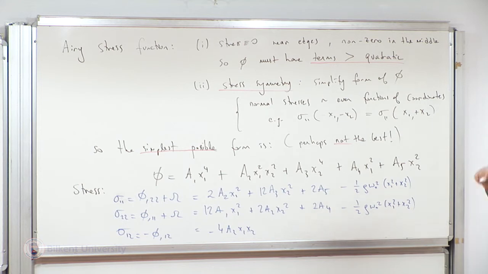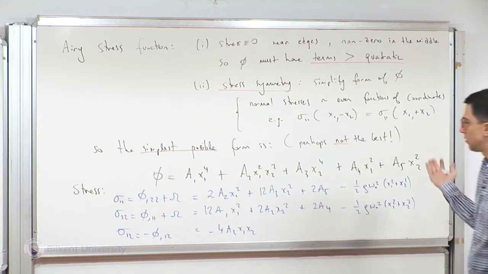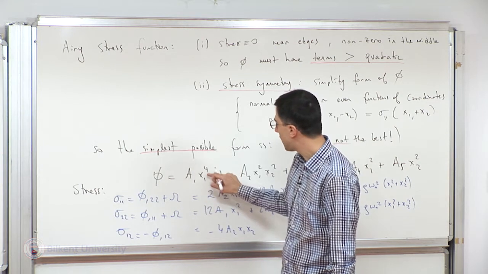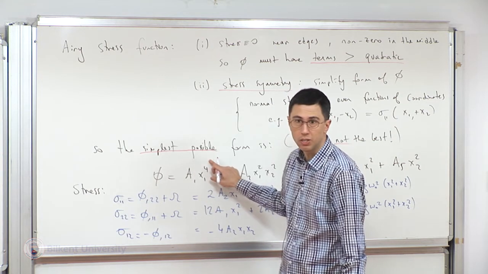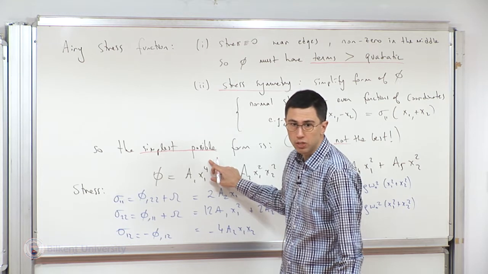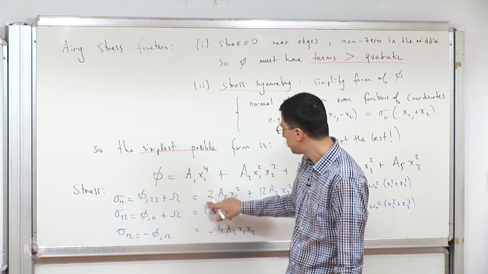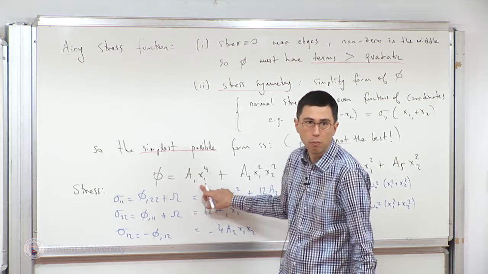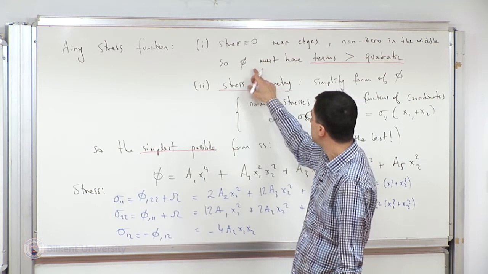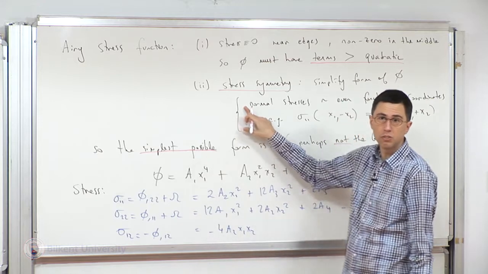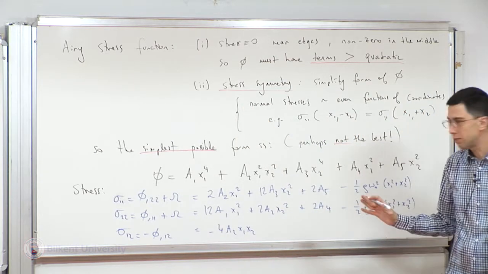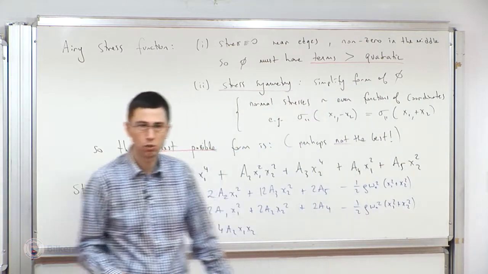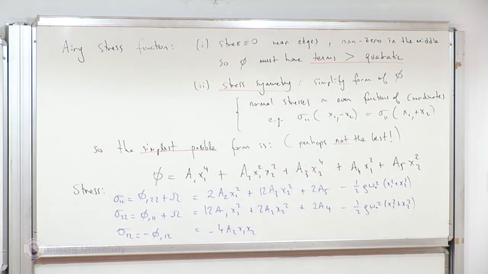In particular, you might ask yourselves, why not add a term like x1 to the power 6? Because x1 to the power 6 would lead to an x1 to the power 4 type of term in sigma 11. That is also not constant, and that also displays even symmetry. So why not? But we're going for the simplest possible form presently. That's why I have omitted that term. I'm just trying to address these two items.